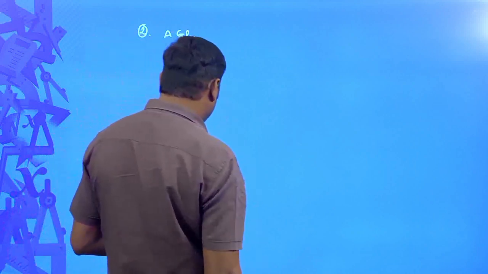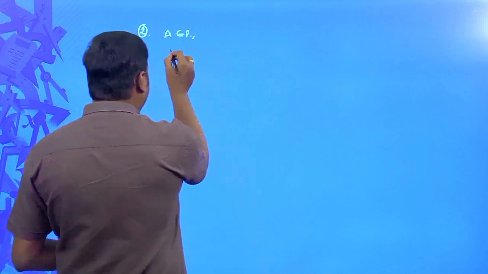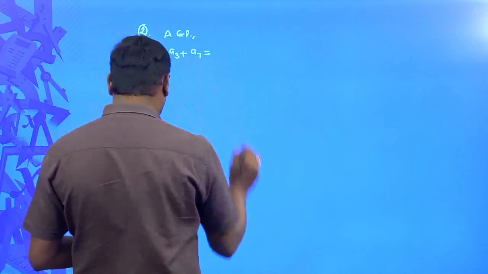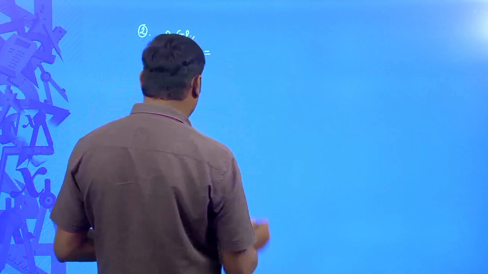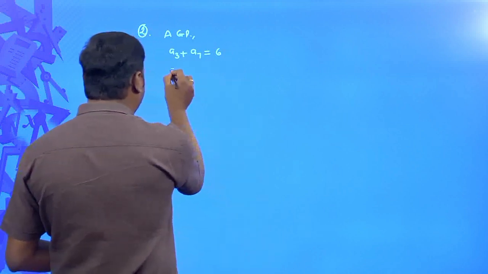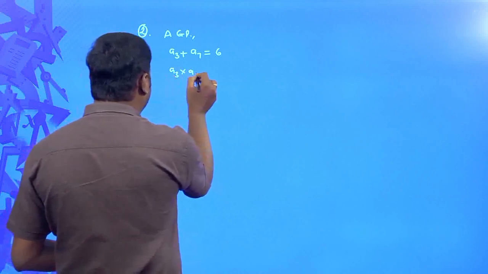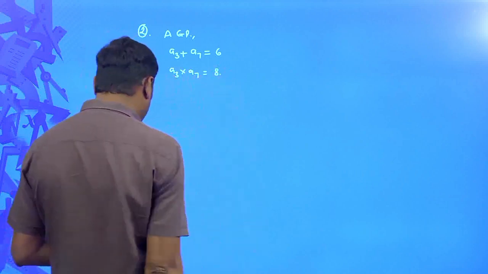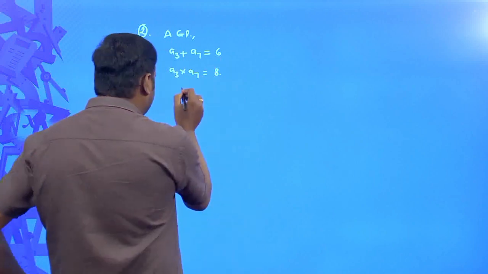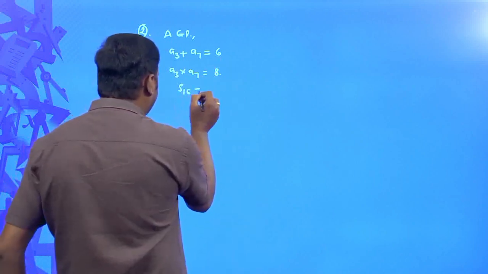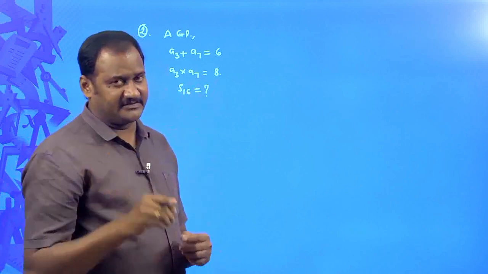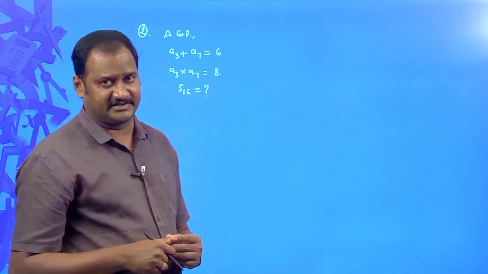The sum of the third term A3 and the seventh term A7 is 6, and their product A3 into A7 is equal to 8. So, what are you asked? Find out the sum of the first 16 terms of the AP. This is the second problem of exercise 5.4, right.